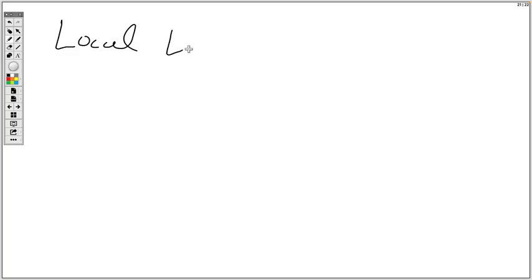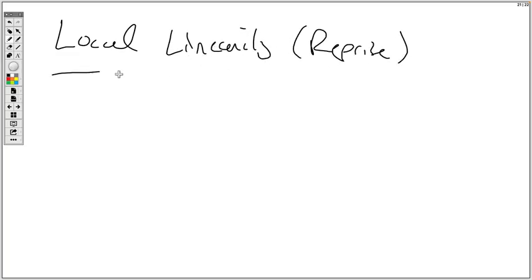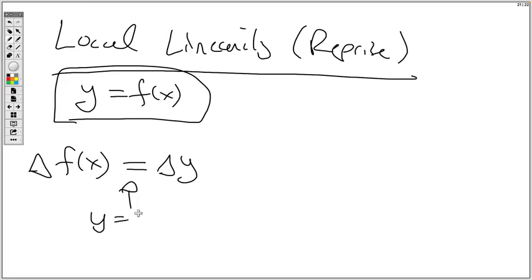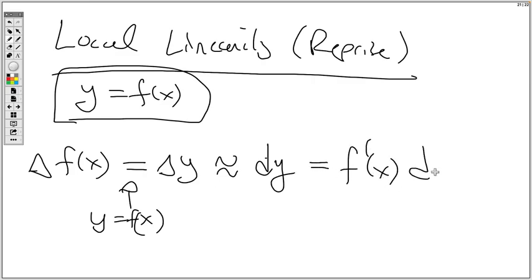So local linearity, reprise, is if you have y equals f of x, the actual change in f of x, which is the actual change in y on the curve, can be approximated by the differential, which is the slope times your dx. So once again, this is slope of tangent line times delta x.